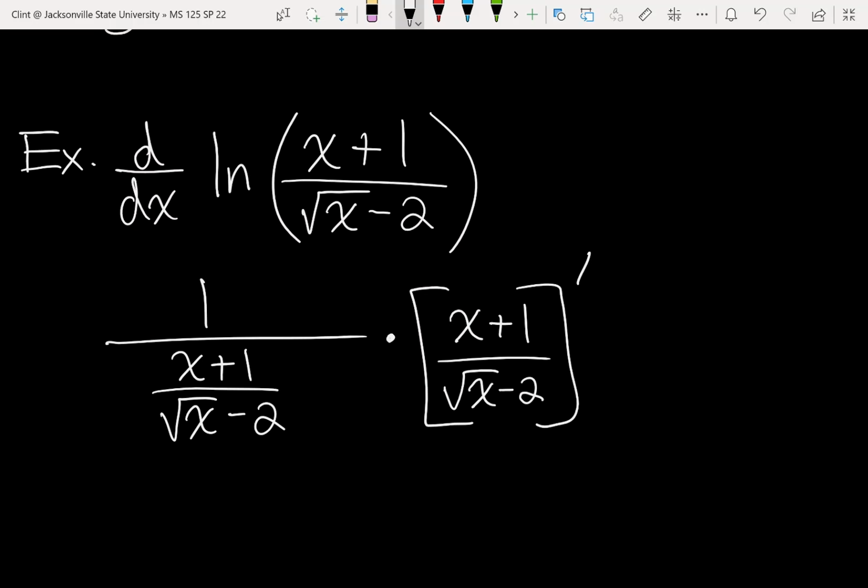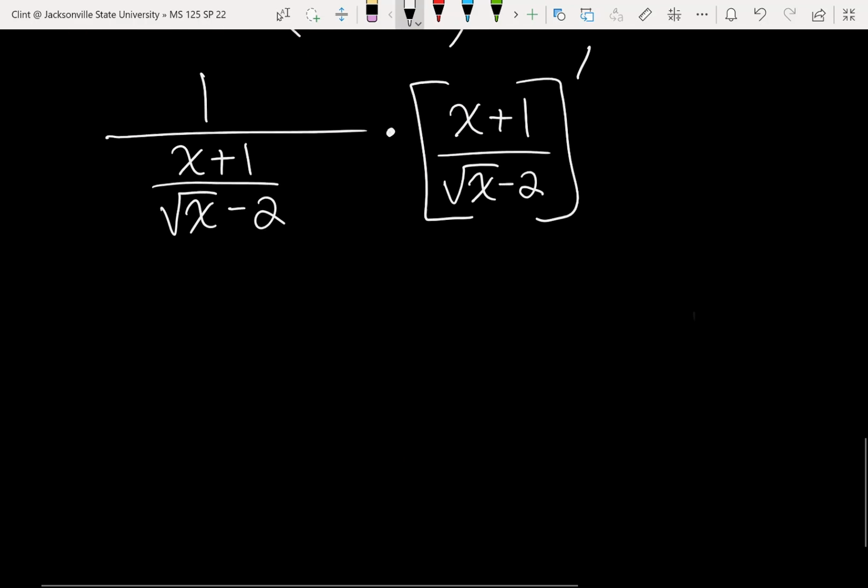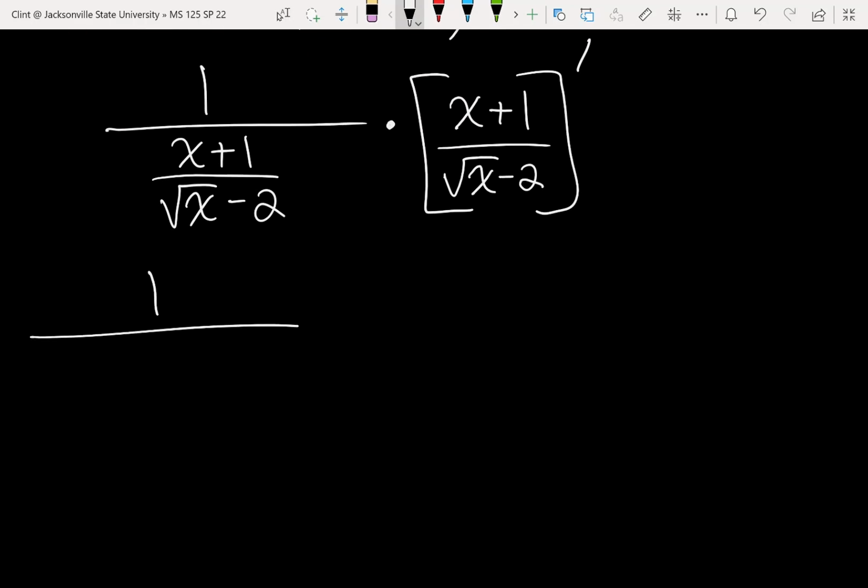To do the derivative of the inside function, what do we have to use? Quotient rule. So I'm just going to copy down the first part, times, and then we do the quotient rule.